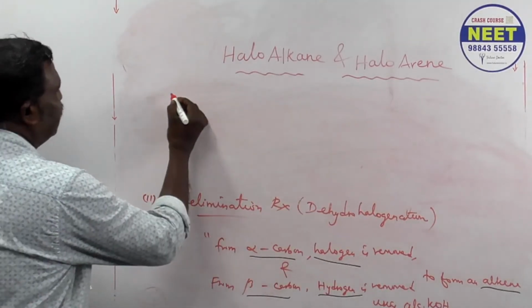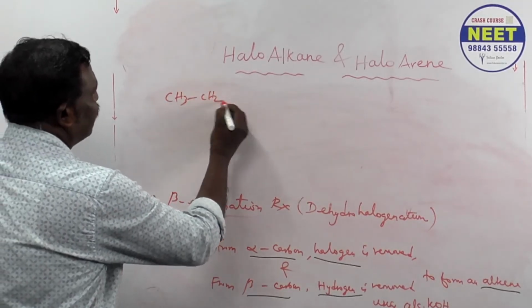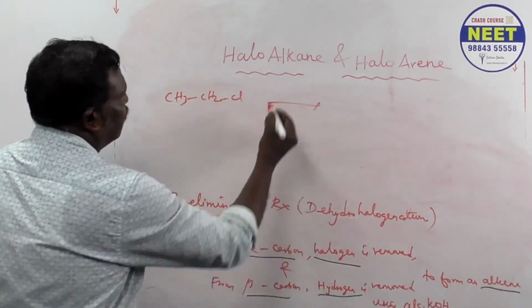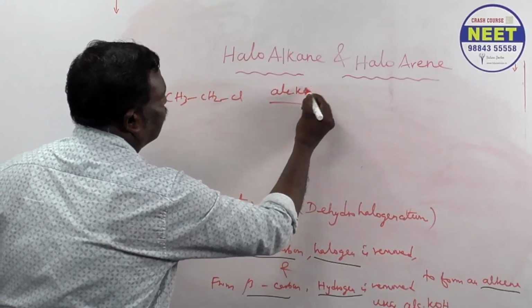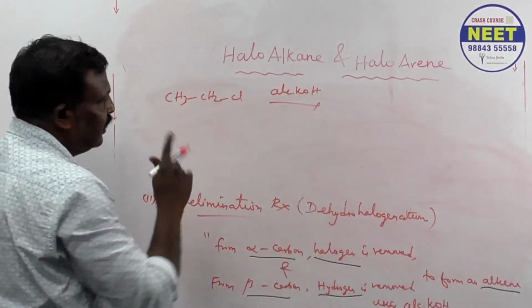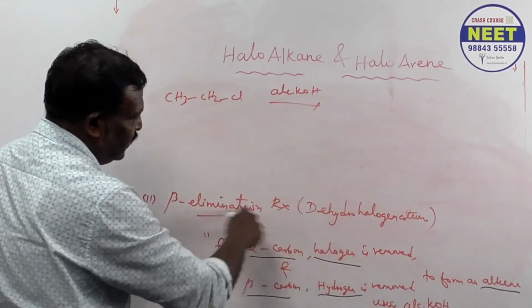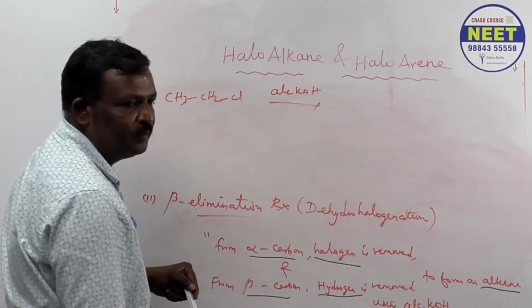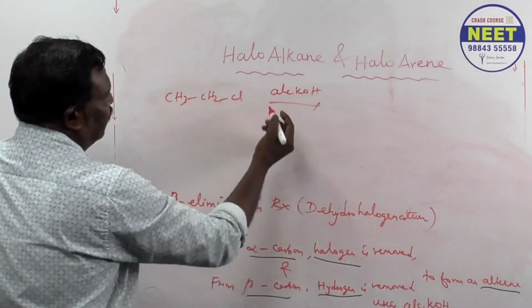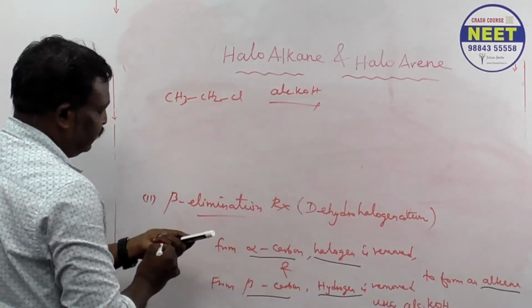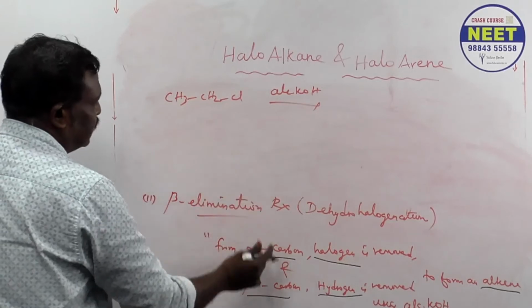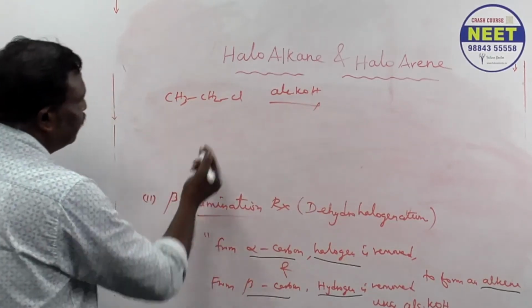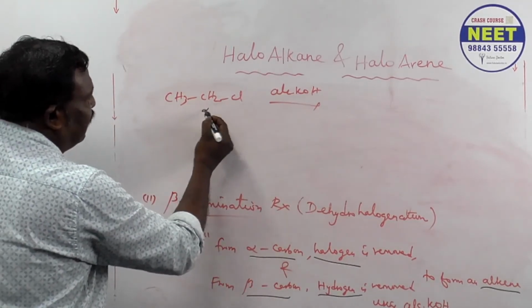Here is the best example, a simple example. Alcoholic KOH, remember, sodium I told you, Wurtz reaction. Alcoholic KOH means always we are getting beta elimination. We must get only alkene. Okay, alcoholic KOH. Which is alpha carbon? The carbon nearer to the halogen is the alpha carbon, no?